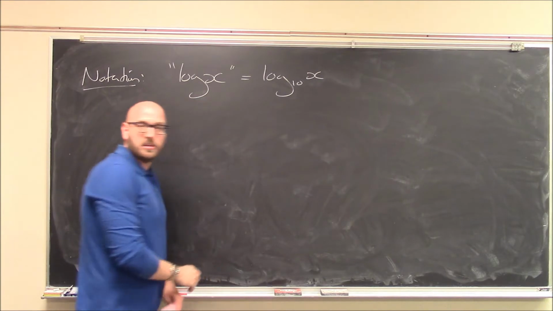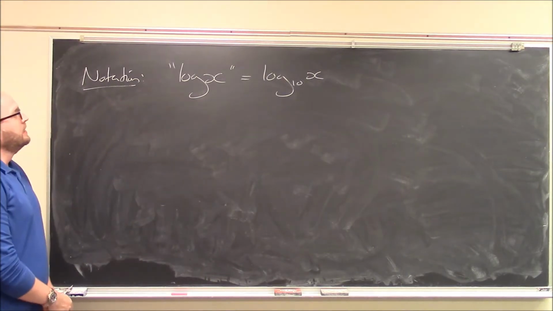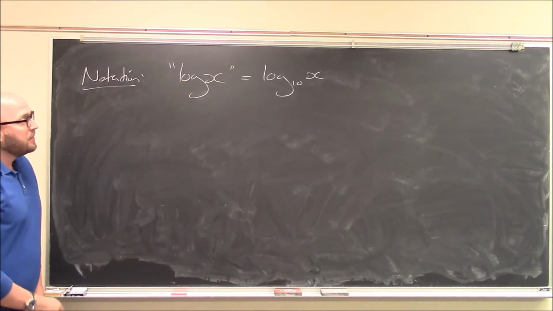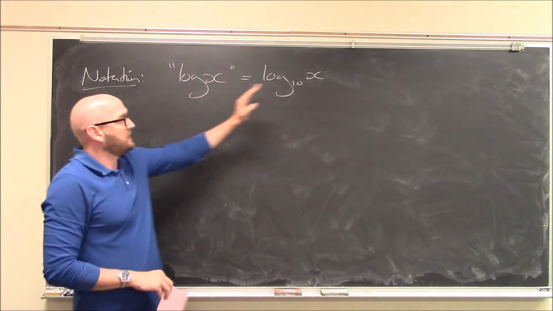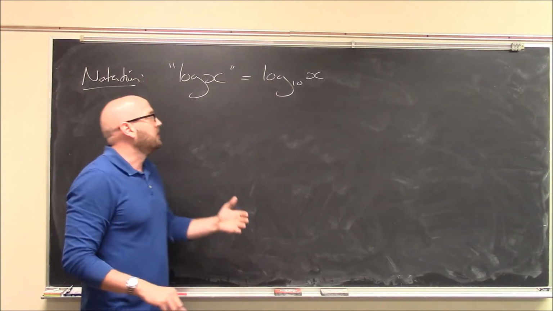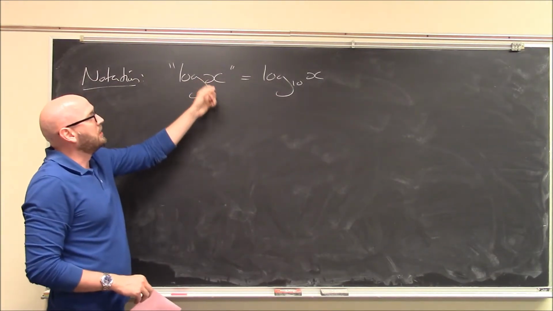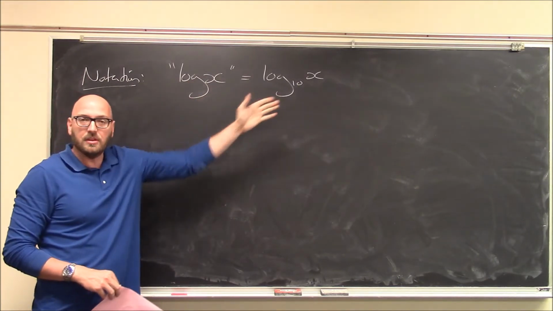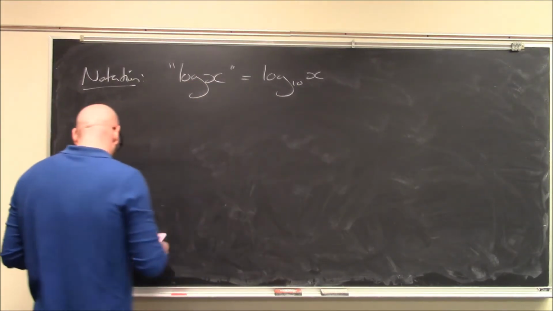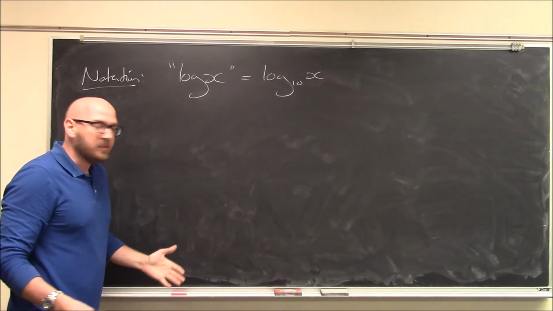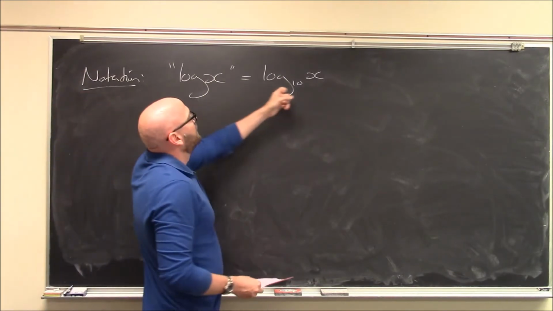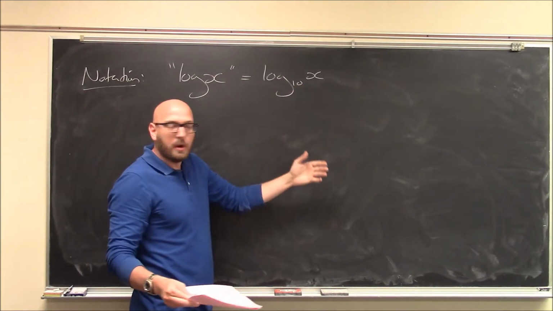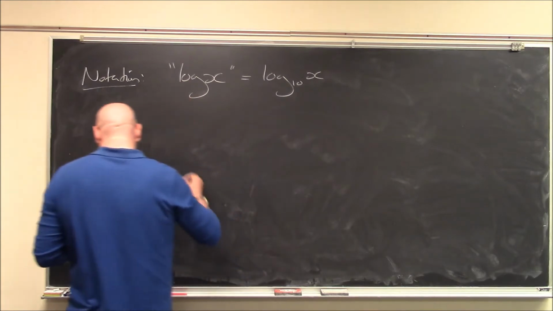So it's just log to the base 10 of x. In higher level mathematics, it doesn't always mean base 10, but as far as we're concerned, log with no base really means base 10. As I said, mathematicians are notoriously lazy, so instead of writing 10 all the time when it's quite often used, it'll just be left off.